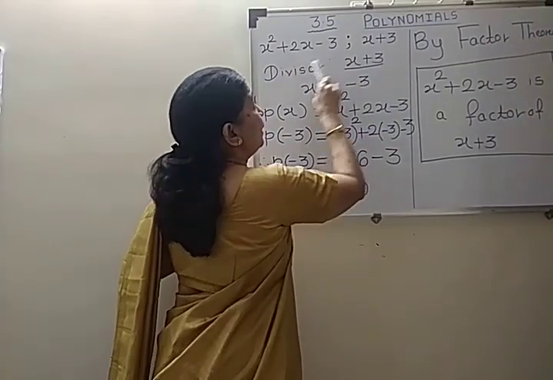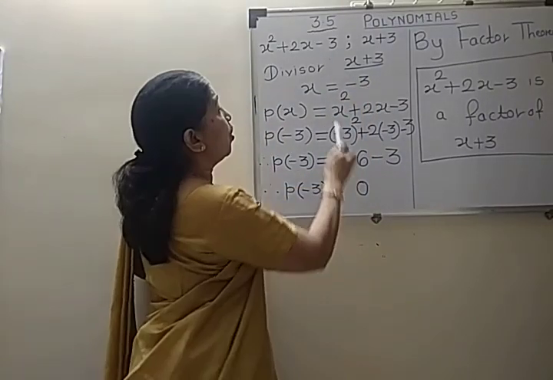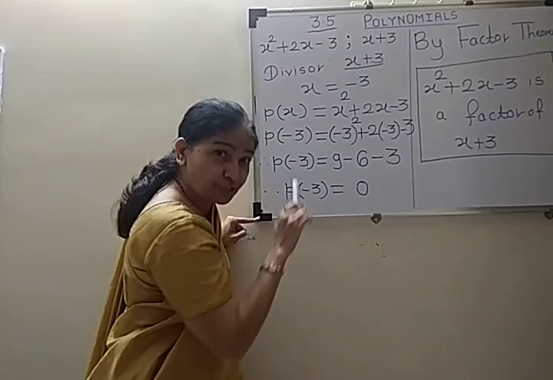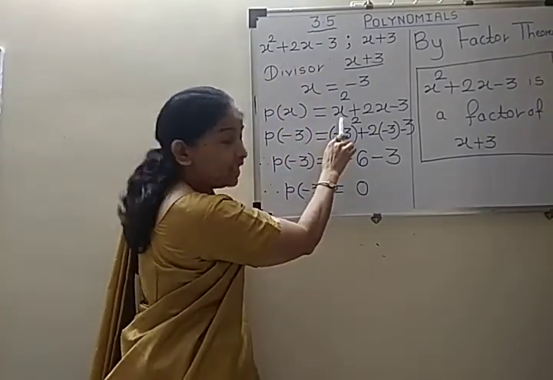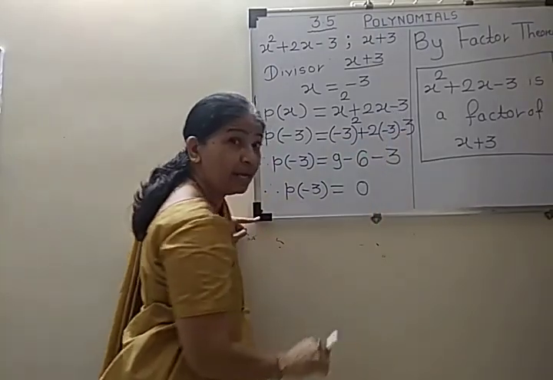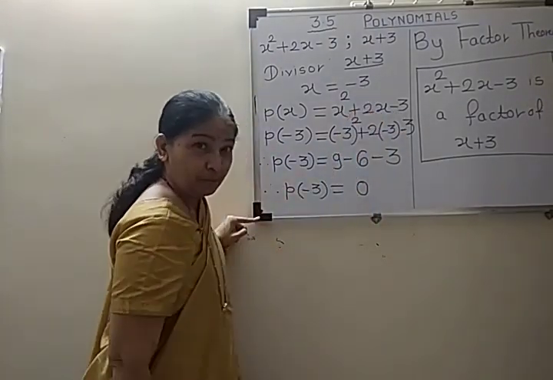The divisor is x plus 3, so I substituted x in this polynomial by minus 3.